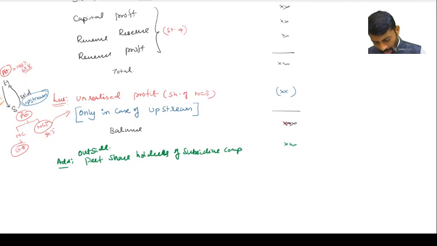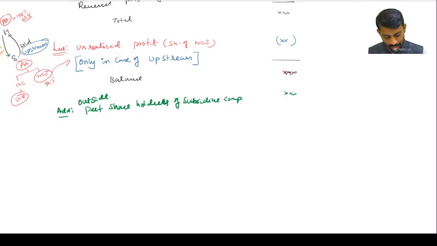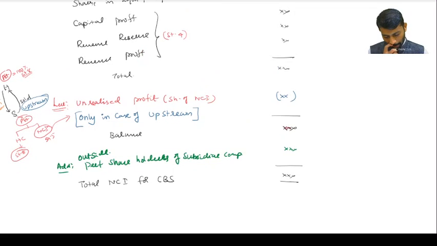So after adding subsidiary company's preference shareholders, what balance do you get? This is what we technically call total non-controlling interest for CBS. Are you understanding, Pramod? Yes, sir. So this is step number 5, non-controlling interest.